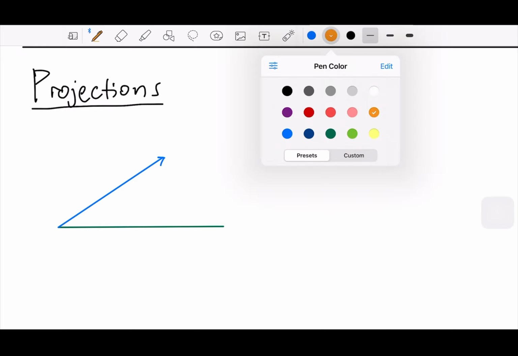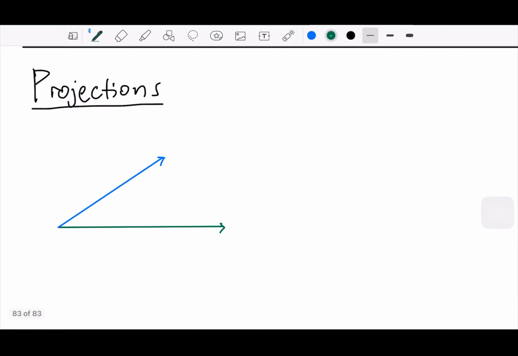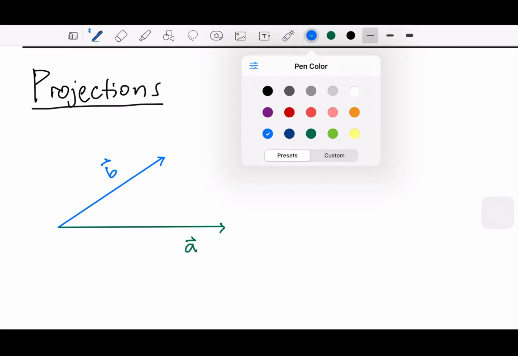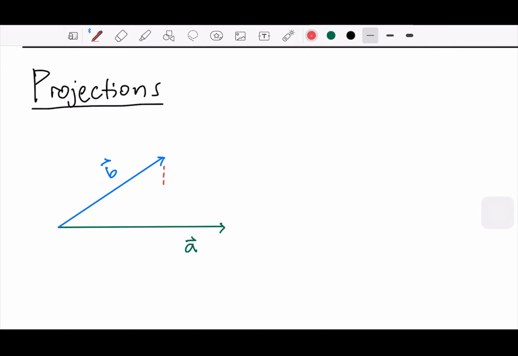Now, if these are two vectors, maybe vector A and vector B, and we project vector B onto A, project like this, and we have another line here, which we call a projection of B onto A.